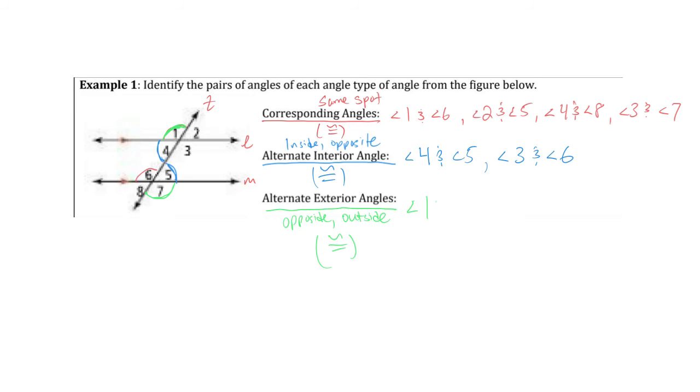So angle 1 and angle 7 are on the opposite and outside, as well as angle 2 and angle 8. Okay, so these are 3 of the theorems where we are given that they are congruent. We can mark them, and make sure you use your little hints like opposite or same side, and inside and outside, in the same spot. Those little definitions help us out.